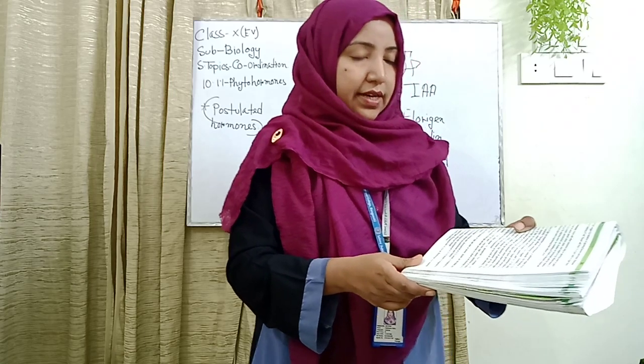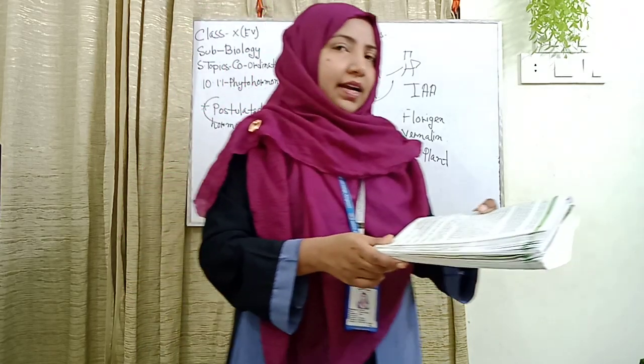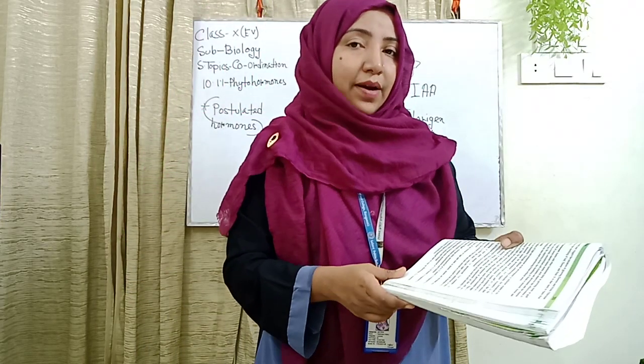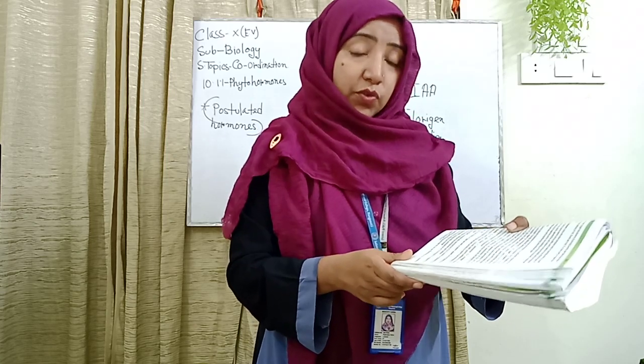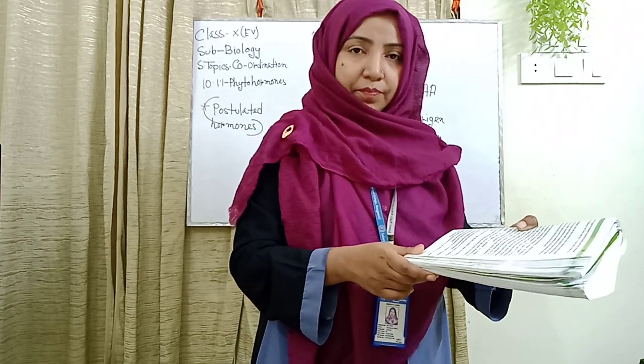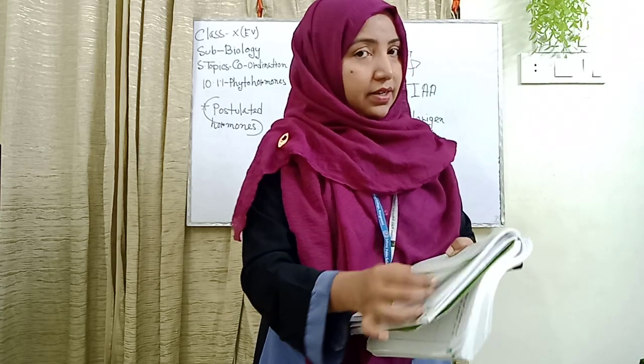For example, lettuce and ginger. And the third is the day neutral plant. Basically, in day neutral plants photoperiod has no role in flowering. For example, garden cucumber and sunflower.